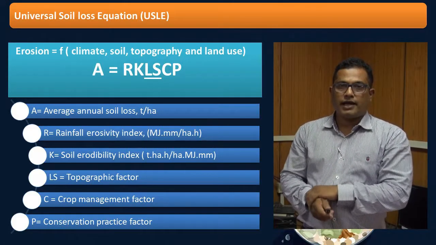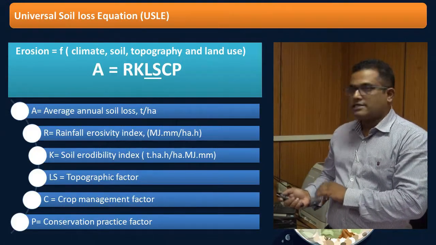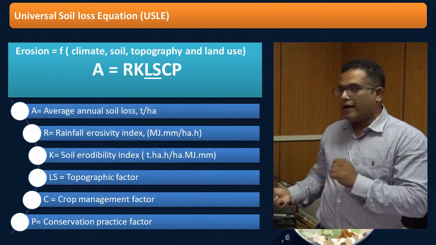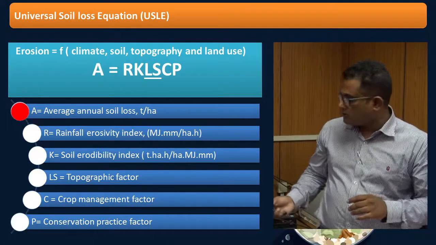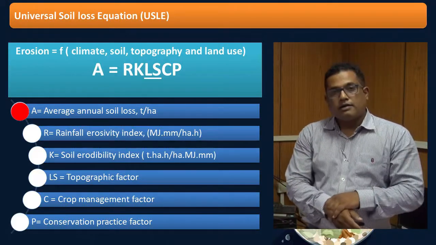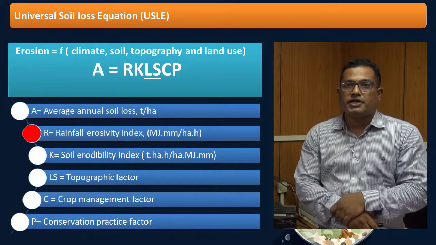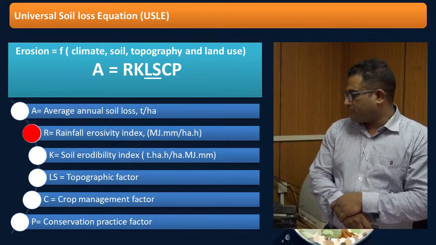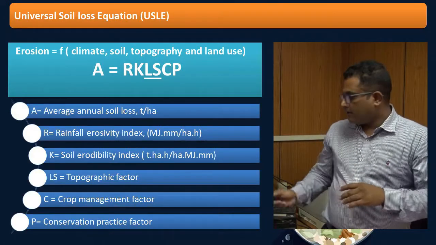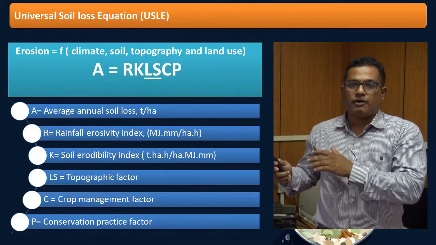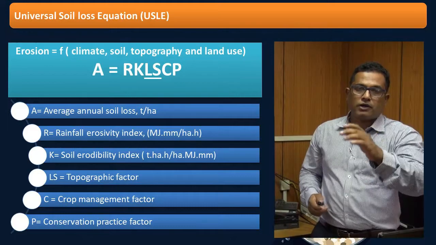A is equal to RKLSCP. You have noticed I have underlined this term LS. Why I have underlined it, I will tell you later. Here A is the annual soil loss in ton per hectare, and R is the rainfall erosivity index, which is expressed in megajoule mm per hectare hour. This R is a function of rainfall, the intrinsic property or capability of the rainfall to erode the soil.